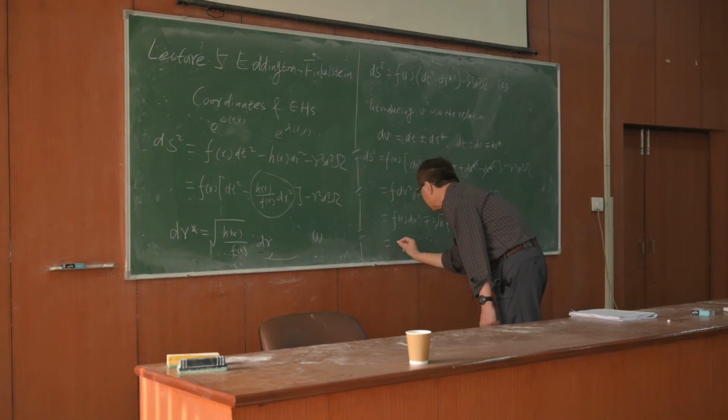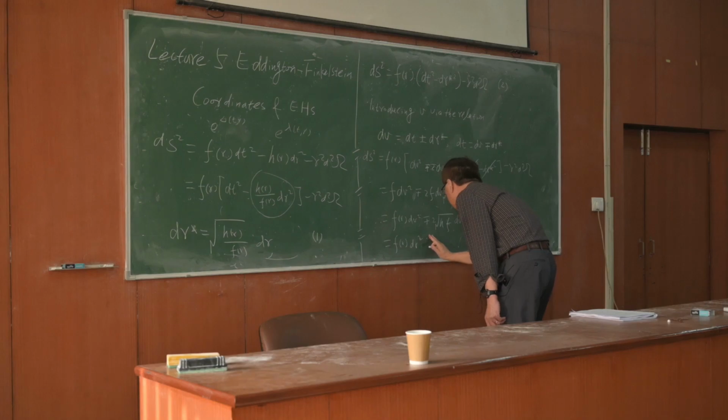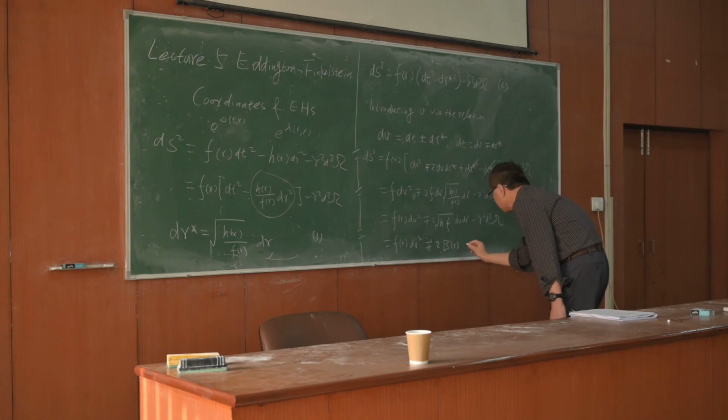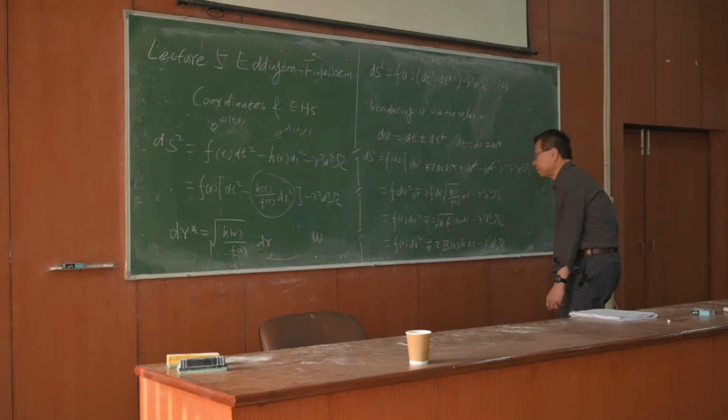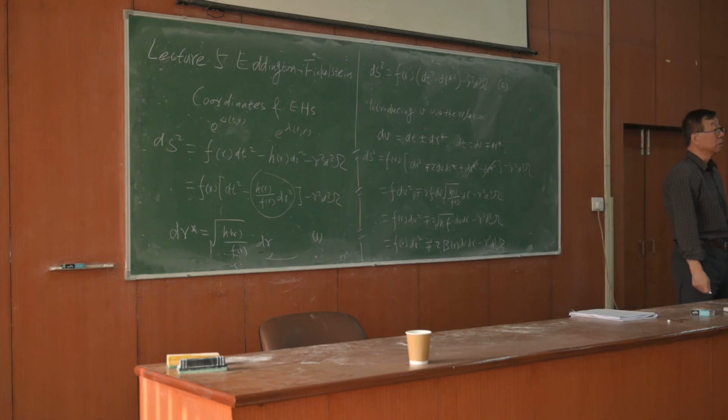This equals f(r) dv squared plus or minus 2, which I simply call b(r), dv dr, minus r squared d omega squared. This is the most general Eddington-Finkelstein metric.